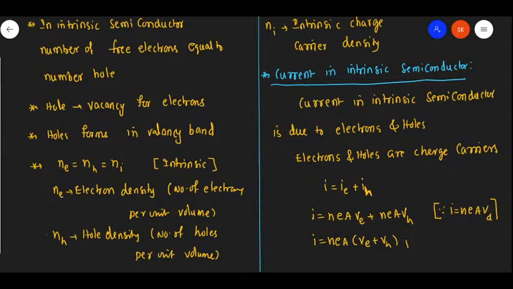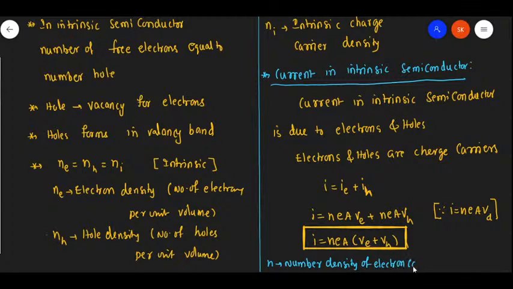Current in semiconductor. We write the terms which are present in this. What is n? Intrinsic charge carrier density. Charge carrier density means the number of electrons per unit volume or the number of holes per unit volume. We can also call it the number density of electrons or holes.